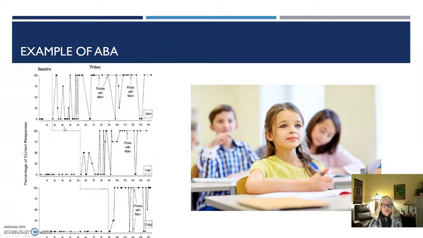After each student's intervention, the percentage of correct responses increases overall. The probe, which is right here and here, is to check and make sure the intervention is working with someone outside the classroom. So this is just a very brief example of how ABA is used to help individuals make change.